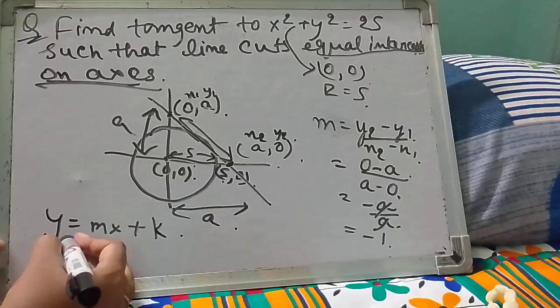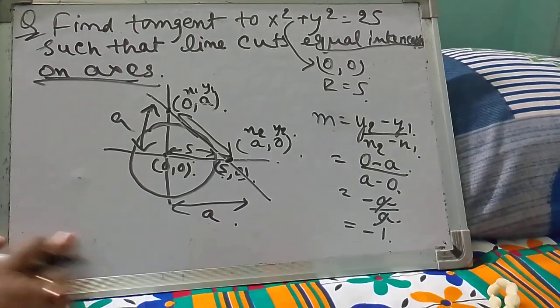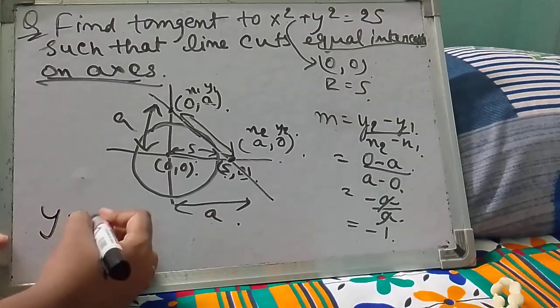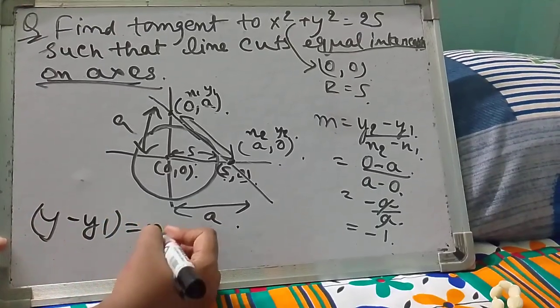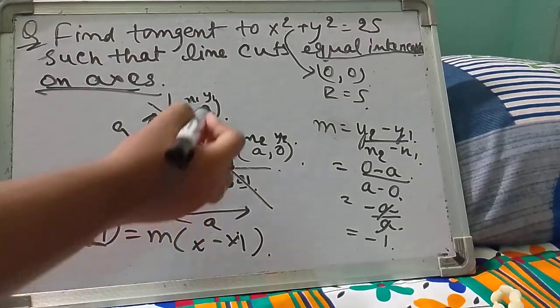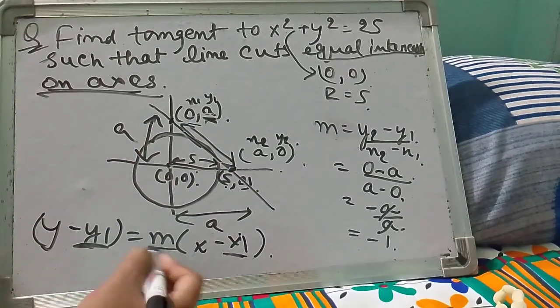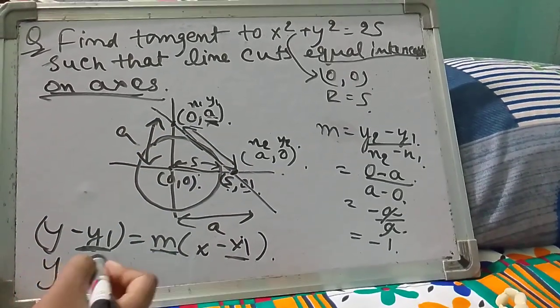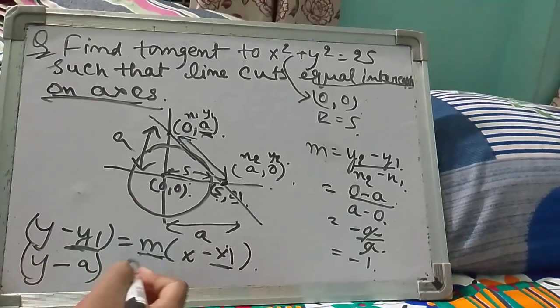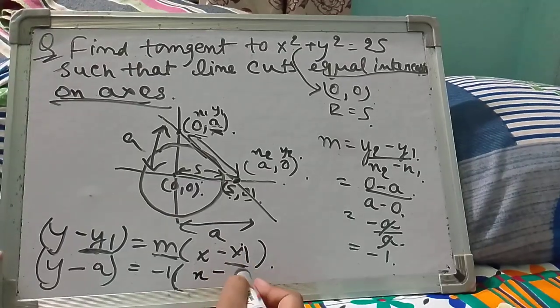We know that the equation of line becomes y minus y1 is equals to slope into x minus x1. So y1 is a and x1 is 0. So let's put that here and put the value of m also here. So y minus a is equals to minus 1 into x minus 0.